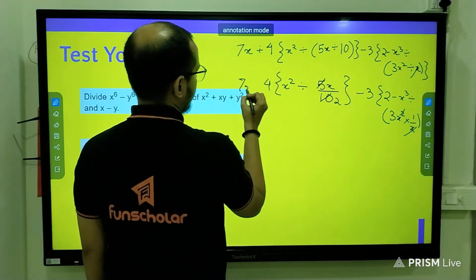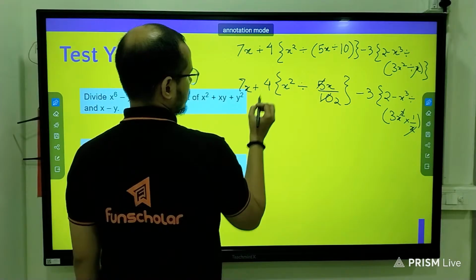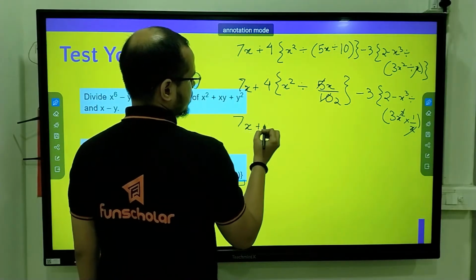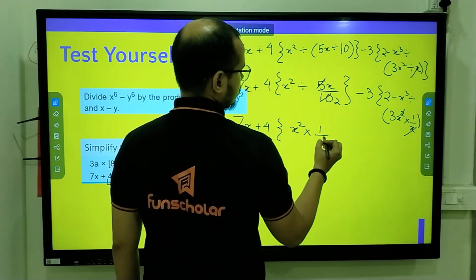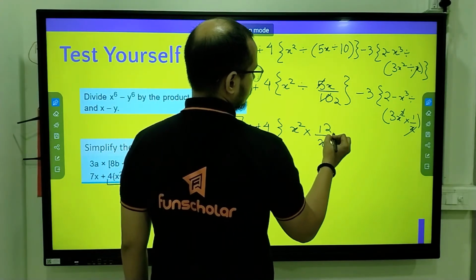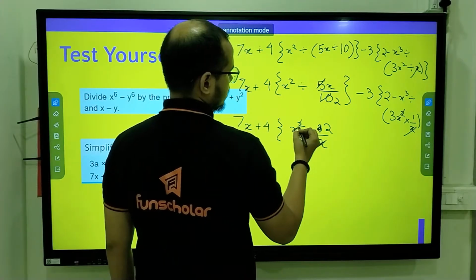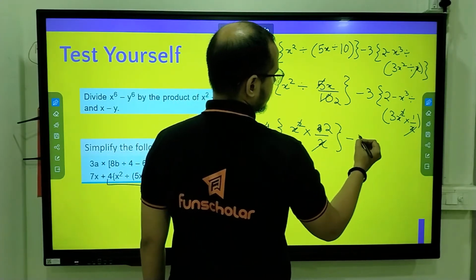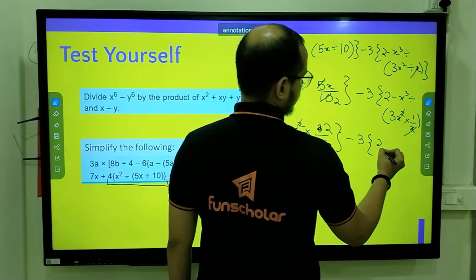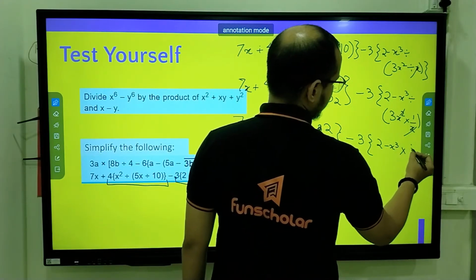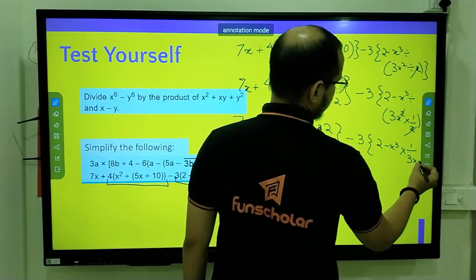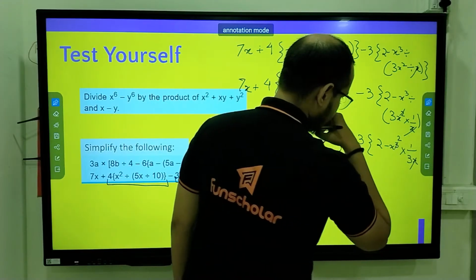Next step, this is 7x plus is already given, so 7x plus 4x square into 1 by x, 2 goes upwards, so this and this cancels out, minus 3 into 2 minus x cube into 1 by 3x, so this x, this 2 will be there.